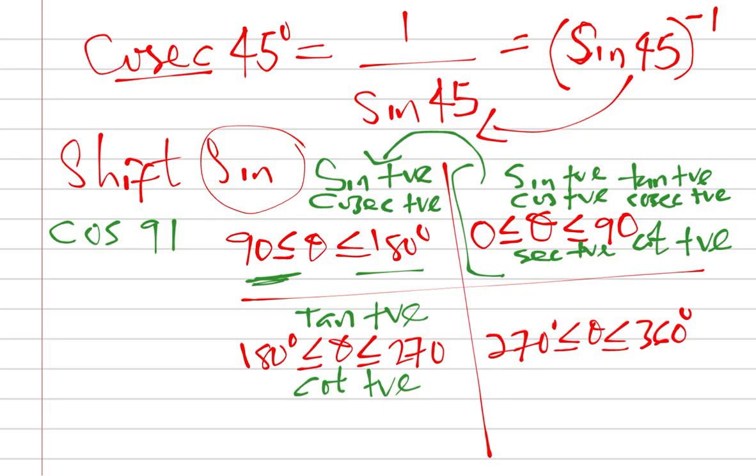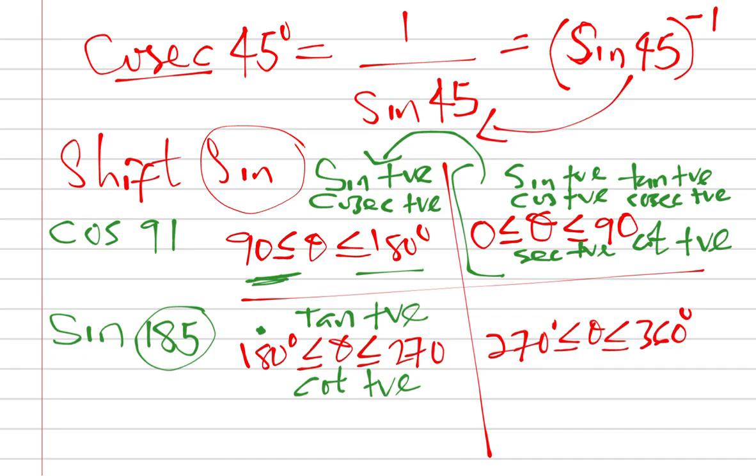So if you press, let's say, sine 181, or even 185, you will get a negative answer. Why? Because under this place, sine and cos are negative. The only positive values are tan and its inverse.